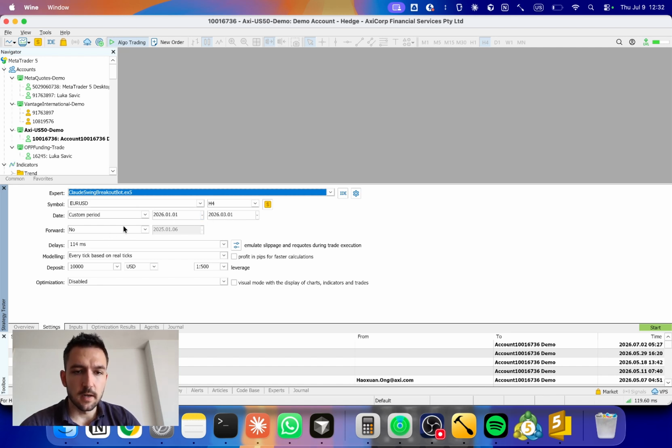Okay, forward no, delays. This is just default settings. Deposit, let's say we have $10,000 deposit, optimization disabled. So this is how you should just copy these parameters, and now we can go to inputs.